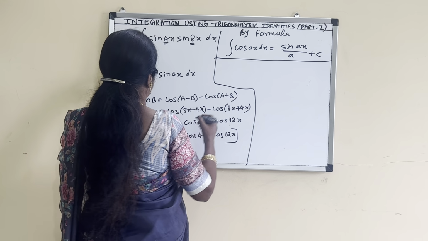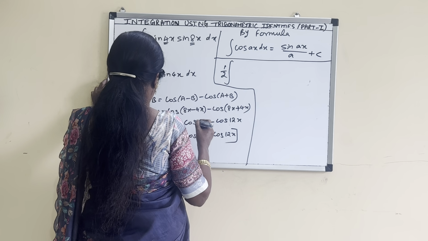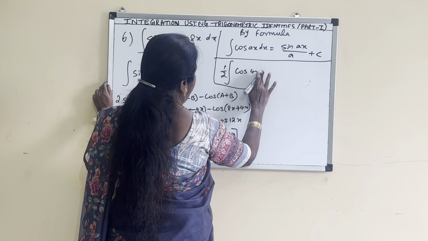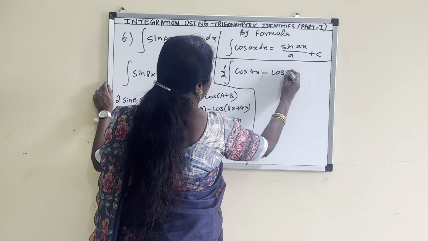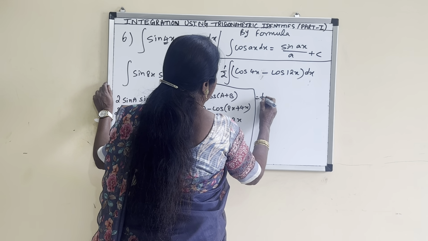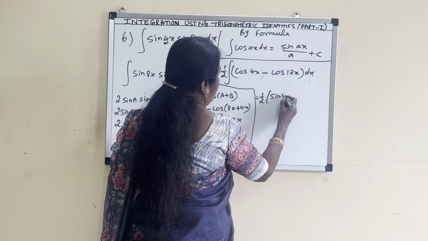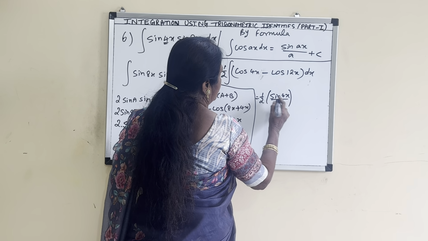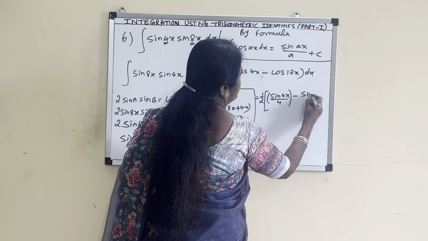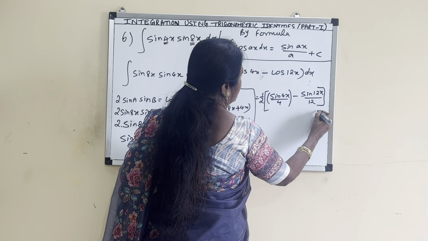I will write it in the integral, with 1 by 2 outside: cos 4x minus cos 12x into dx. Substituting the integral formula, it is 1 by 2 common for both, sin 4x by 4 minus sin 12x by 12 plus c.